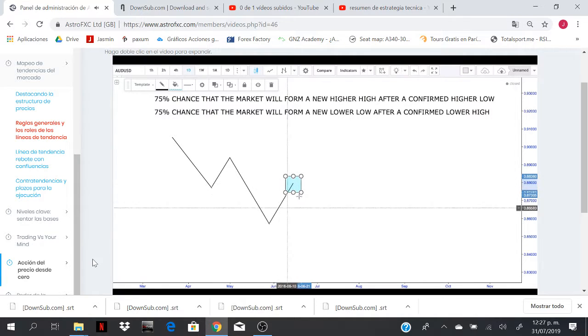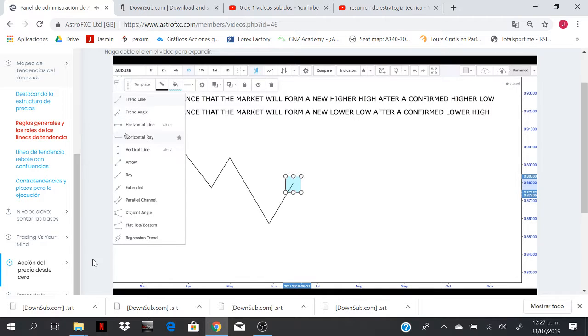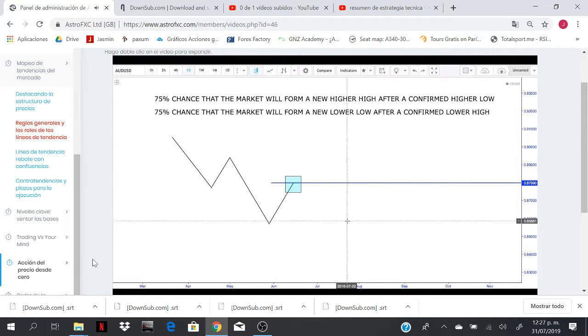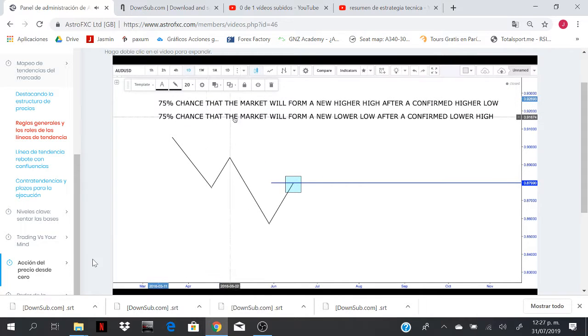It could be any kind of reversal formation in alignment with a key level of resistance. The 75% chance that the market will form a new lower low after a confirmed lower high.